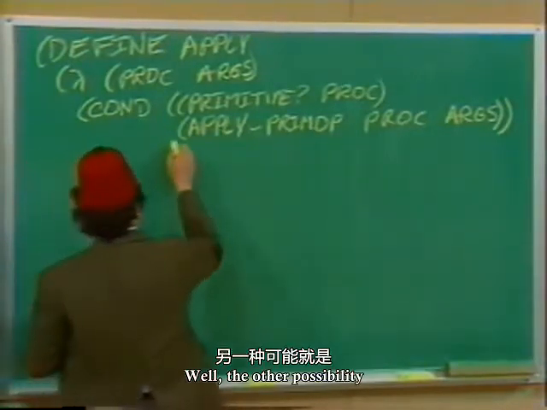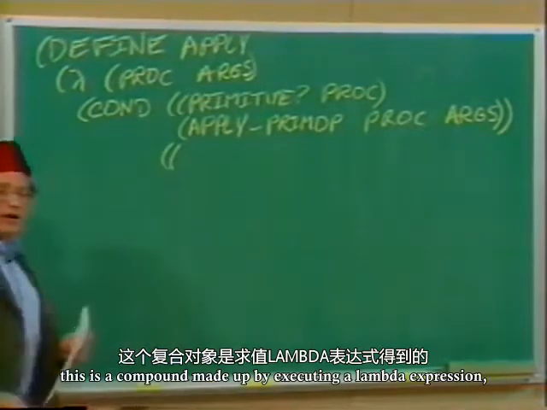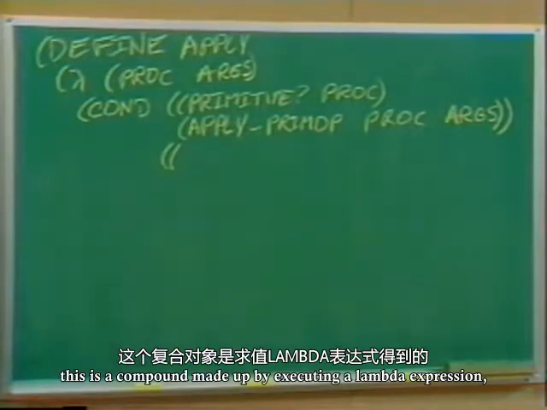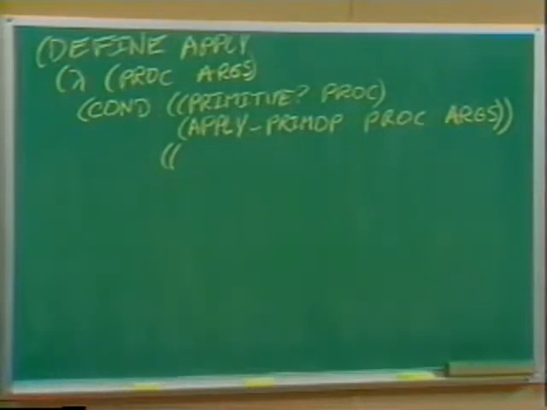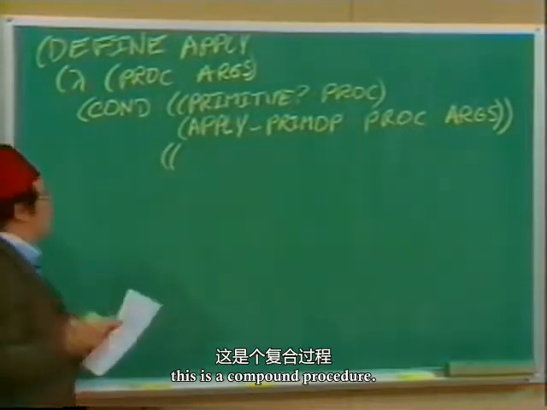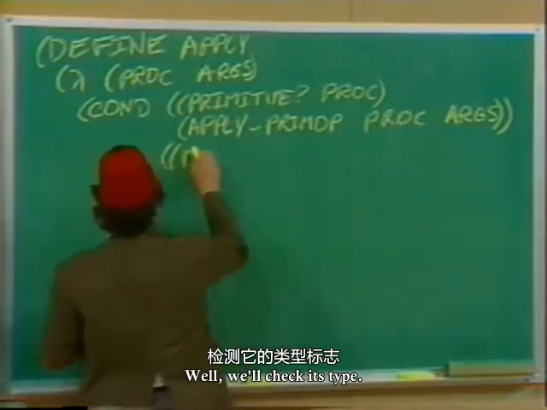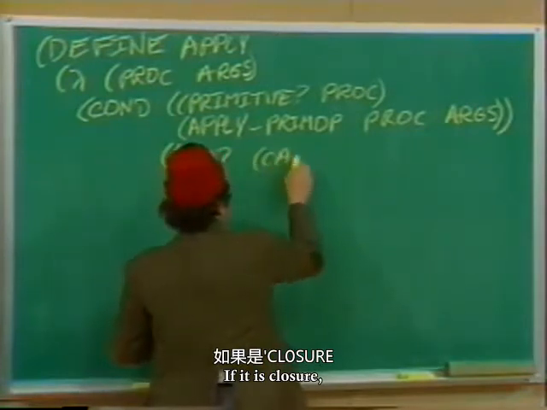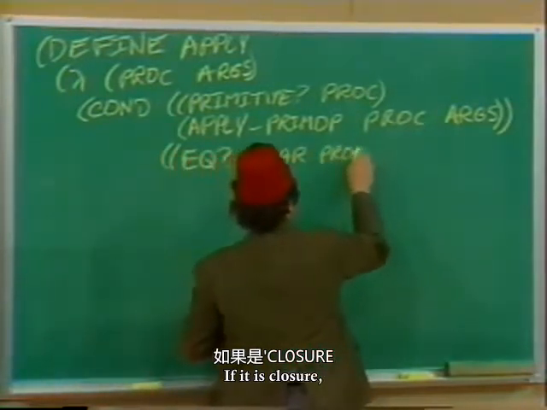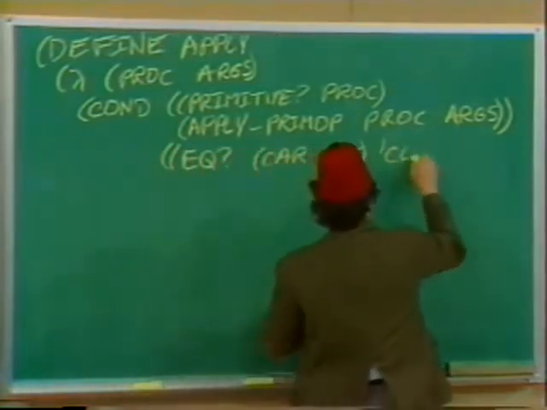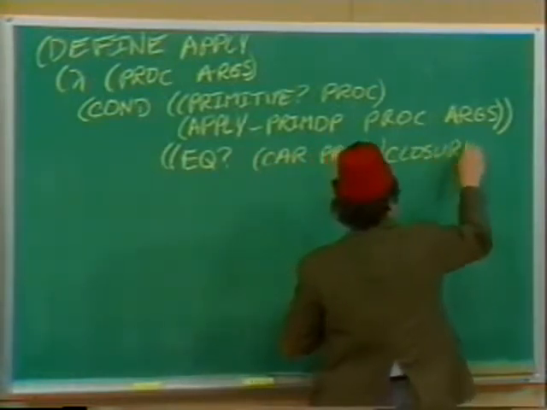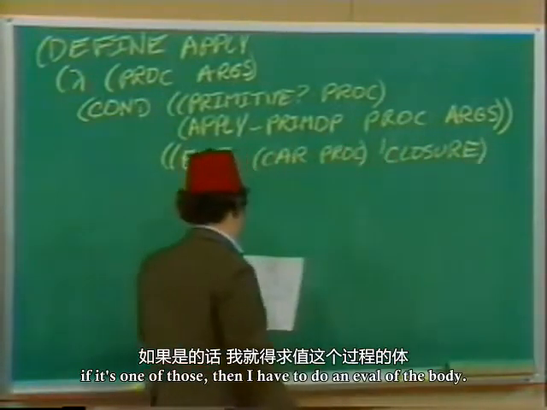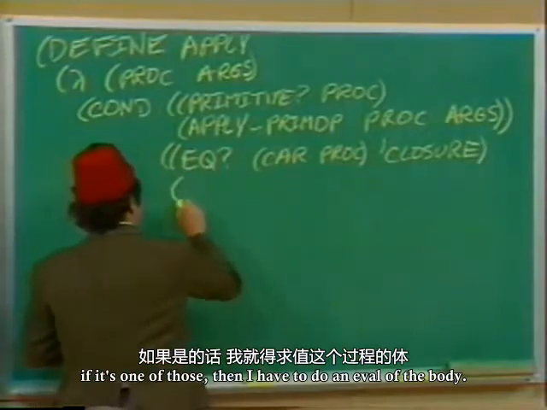Well, the other possibility is that this is a compound made up by executing a lambda expression. This is a compound procedure. Well, we'll check its type. If it's a closure, then I have to do an eval of the body, right?